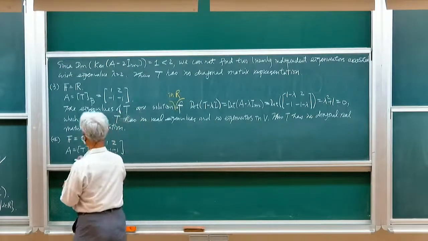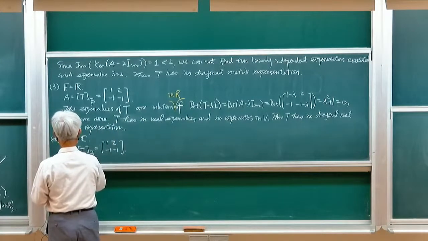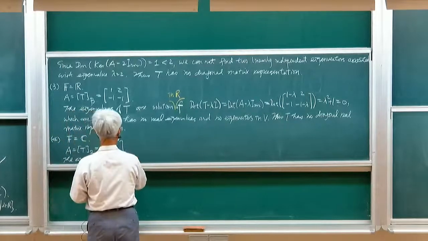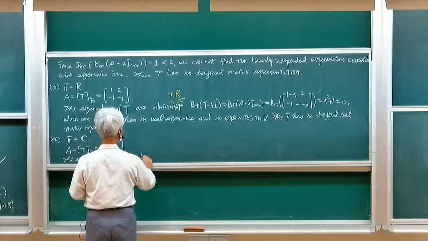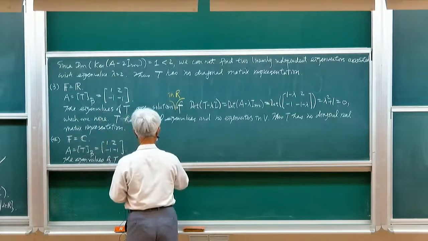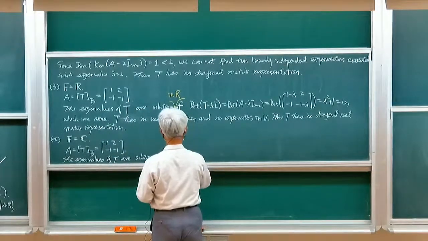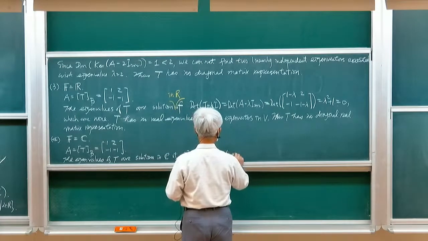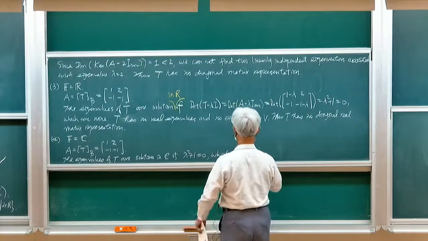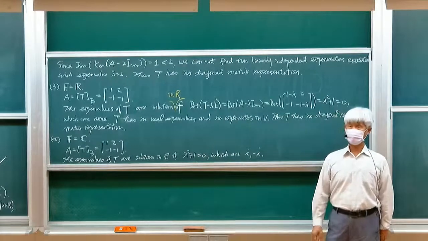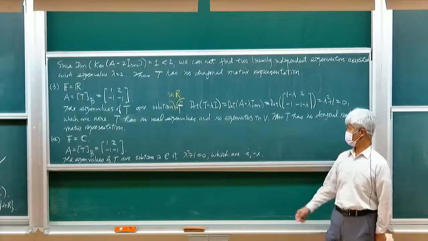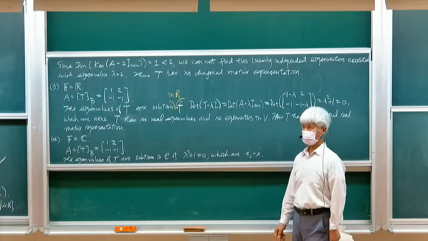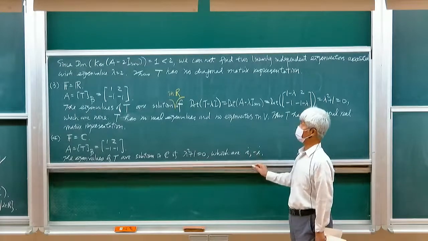And the eigenvalues of T are the solutions in C of lambda squared plus 1 equals 0, which are i and minus i. So we have two eigenvalues, and both of them are complex, actually pure imaginary here. So we have eigenvalue i and eigenvalue minus i.